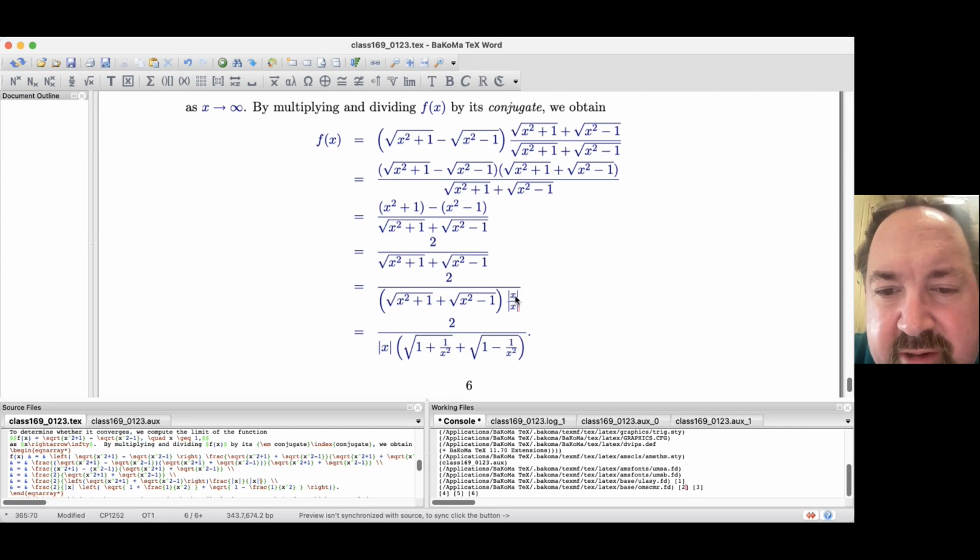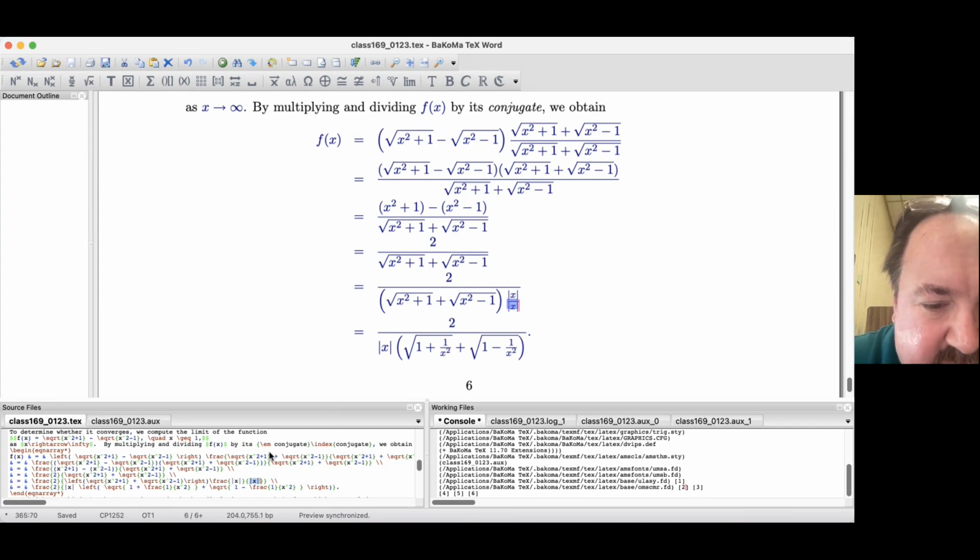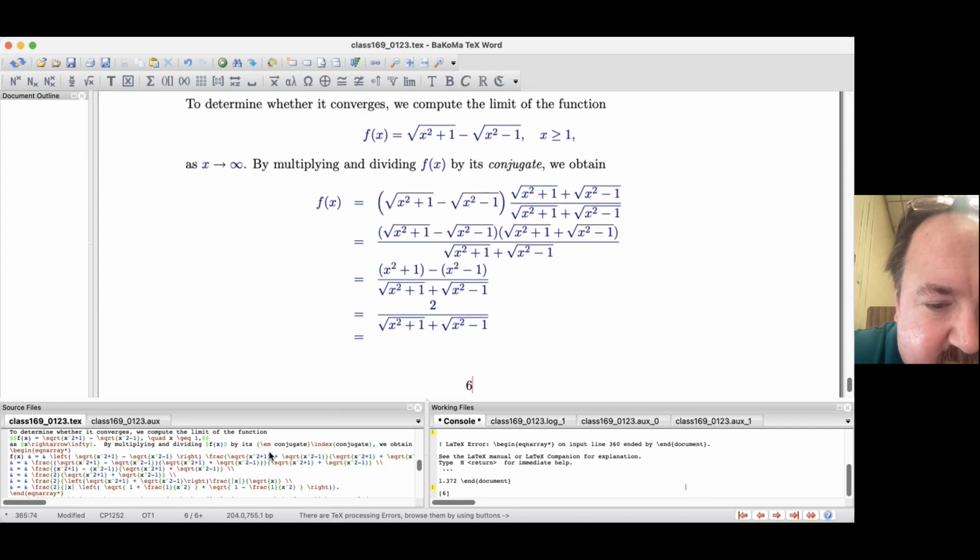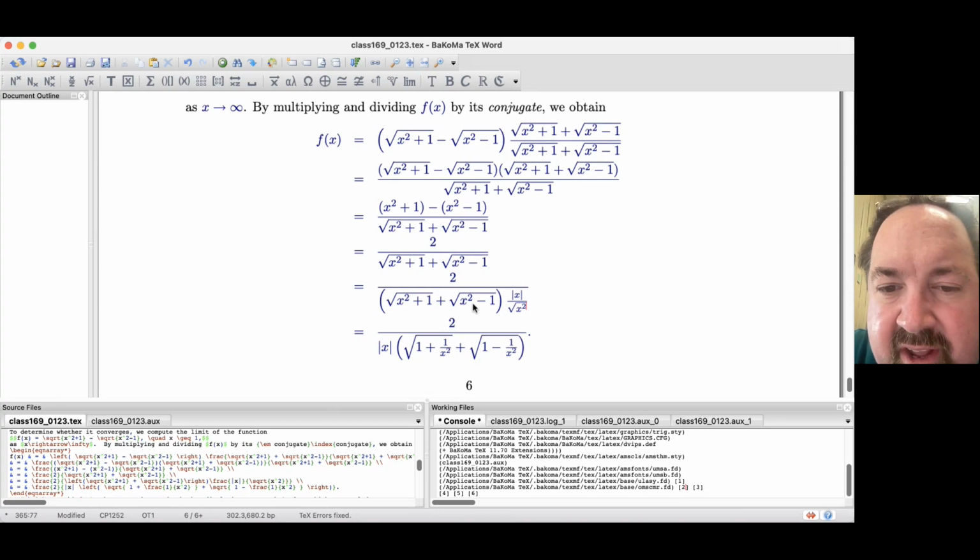Now, the absolute value of x in the numerator, I'm going to leave right here. The absolute value of x in the denominator, I can write that absolute value of x is the same as the square root of x squared. And now I can combine this square root with each of these. So when I simplify, I can have x squared plus 1 over x squared. Well, that's 1 plus 1 over x squared from in here. And then we have 1 minus 1 over x squared in here.